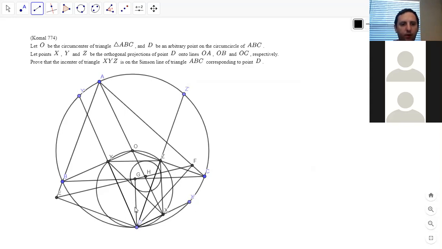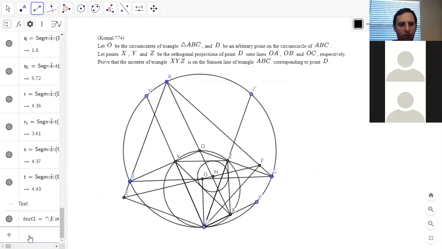And the Steiner line, so if I draw the orthocenter of ABC, okay, so what would the incenter of X prime, Y prime, Z prime be?